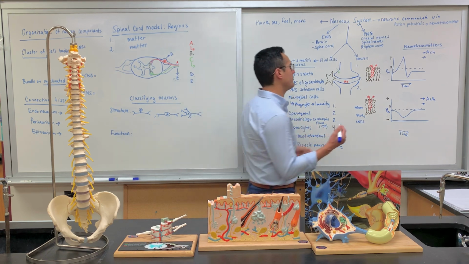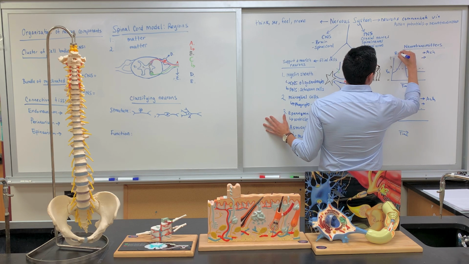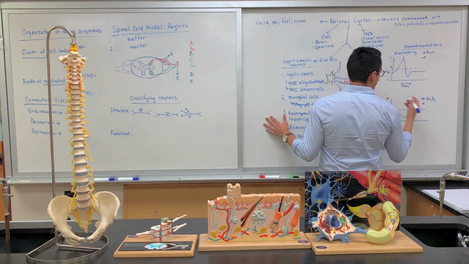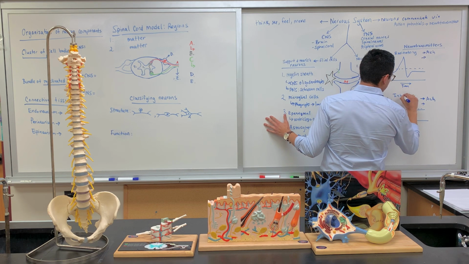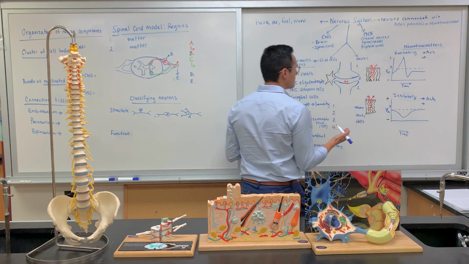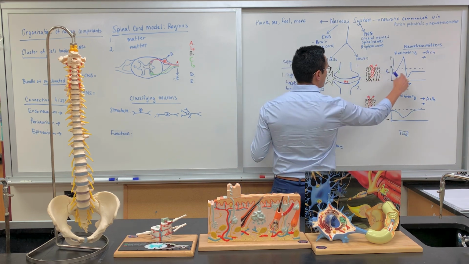The first type is what's known as excitatory neurotransmitters, and then we also have what's known as inhibitory neurotransmitters.